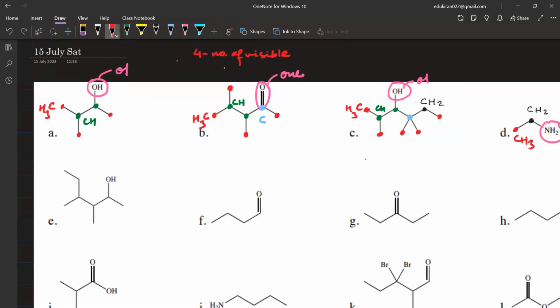Now, in the next structure, again, we have alcohol functional groups. Let us look at the number of carbons. Here we have CH3, CH3, CH3, CH3. See, identification of CH3s is very important because when we start naming the compounds, you have to start with a carbon atom that is at the end.